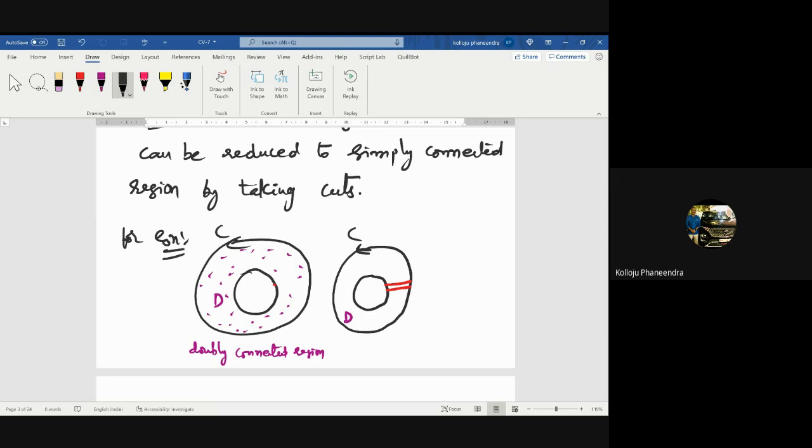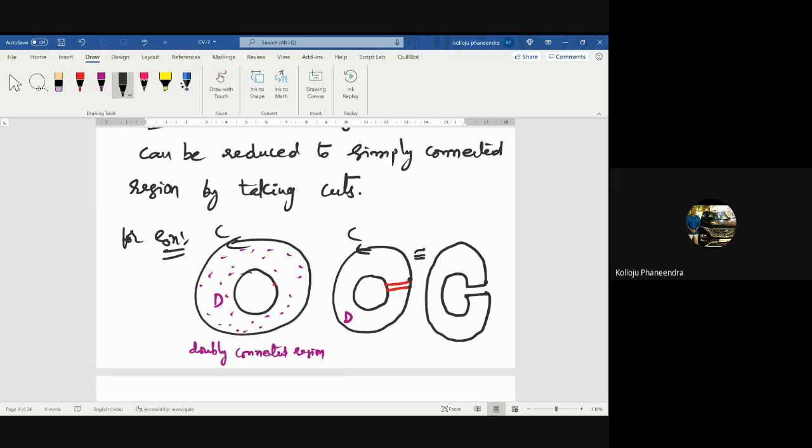Then what is the shape? See, I'm tracing from here onwards. It is like this, and coming to here, and there is a cut. Then again it moves like this. This shape is like this now.